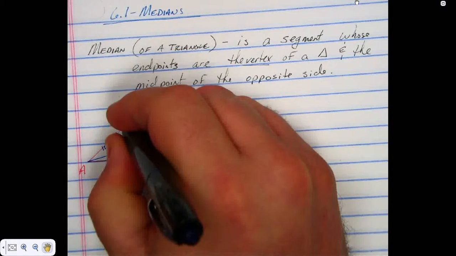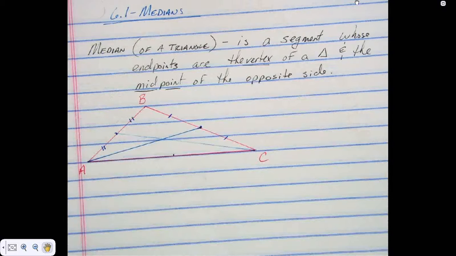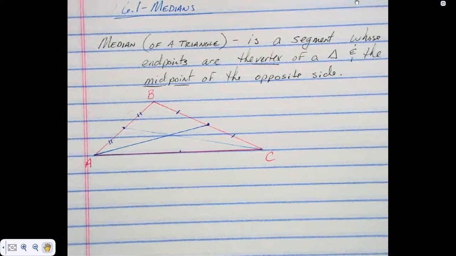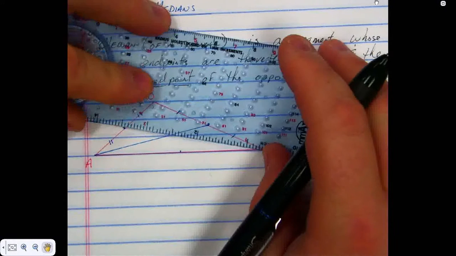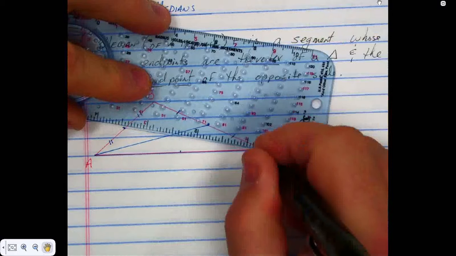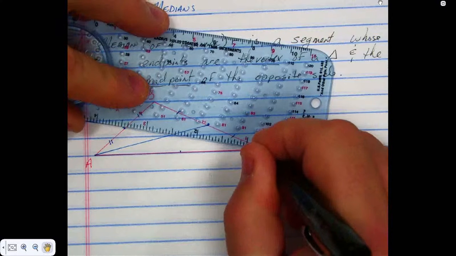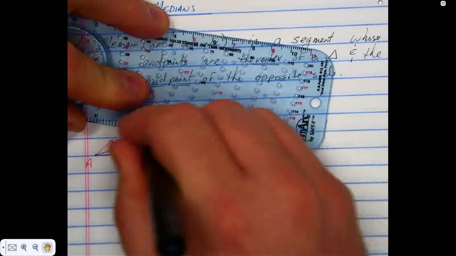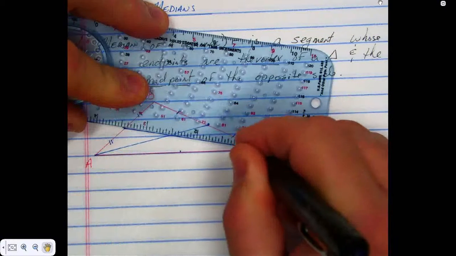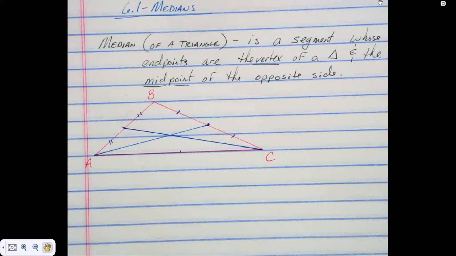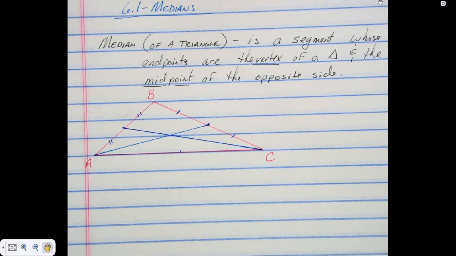Does this look like it cuts this side in half? It does, doesn't it? So do your best to draw it the same on your piece of paper. Tell you what, let's do that one in a different color.